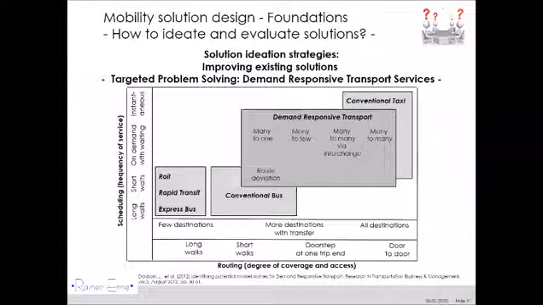The benefit of public transport is it's less costly, but the disadvantage is it has only a few destinations and doesn't provide a door-to-door service. And this is the niche, the gap which demand responsive transport services could fill.